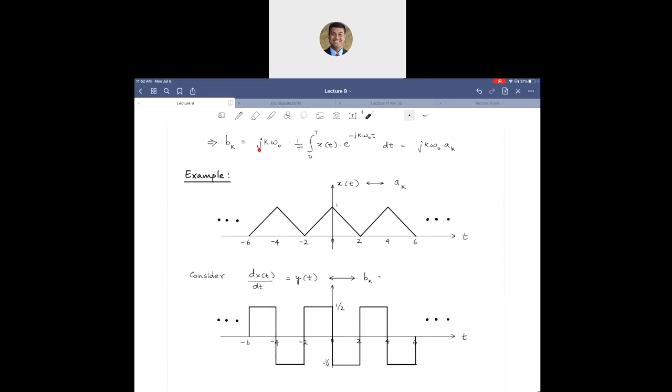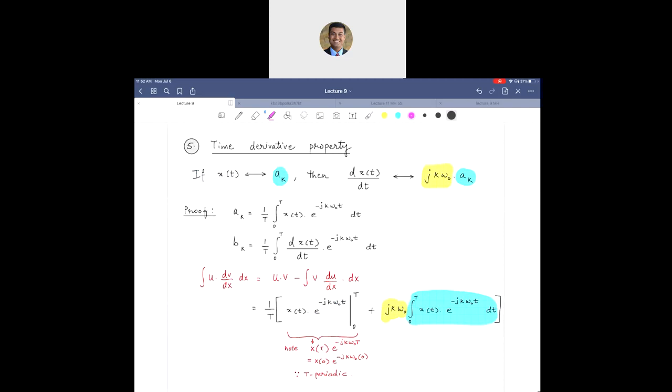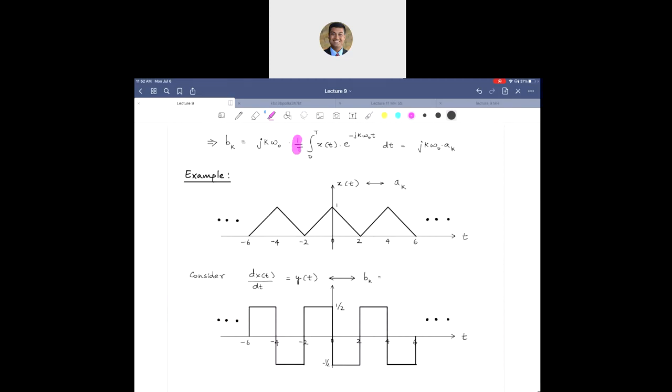So you get b sub k as j k omega naught, with 1 over T coming in from here, which was color coded yellow, and that was color coded blue, which is simply going to be j k omega naught multiplied by a sub k. So multiply the Fourier series coefficients by j k omega naught and you're done, where omega naught is the fundamental radian frequency of x of t. So even if you differentiate it, the fundamental radian frequency doesn't change.